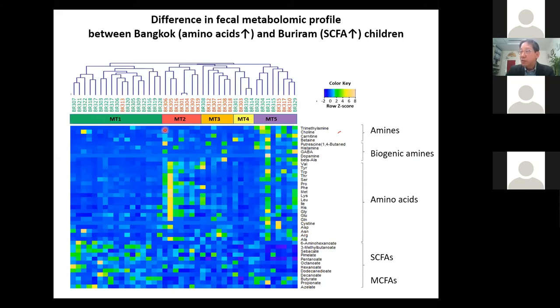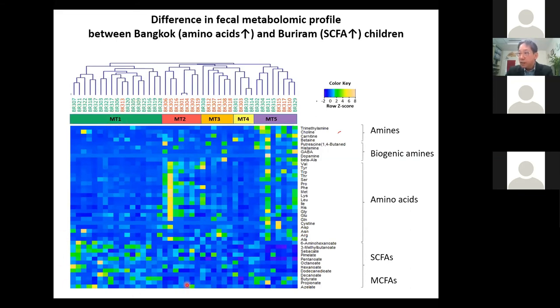So this cluster mainly comes from the children from Buriram. Okay, and all of these clusters come from the Bangkok children. And okay, you see that here is a strong signature, and here is also a strong signature, special in the Buriram children cluster.